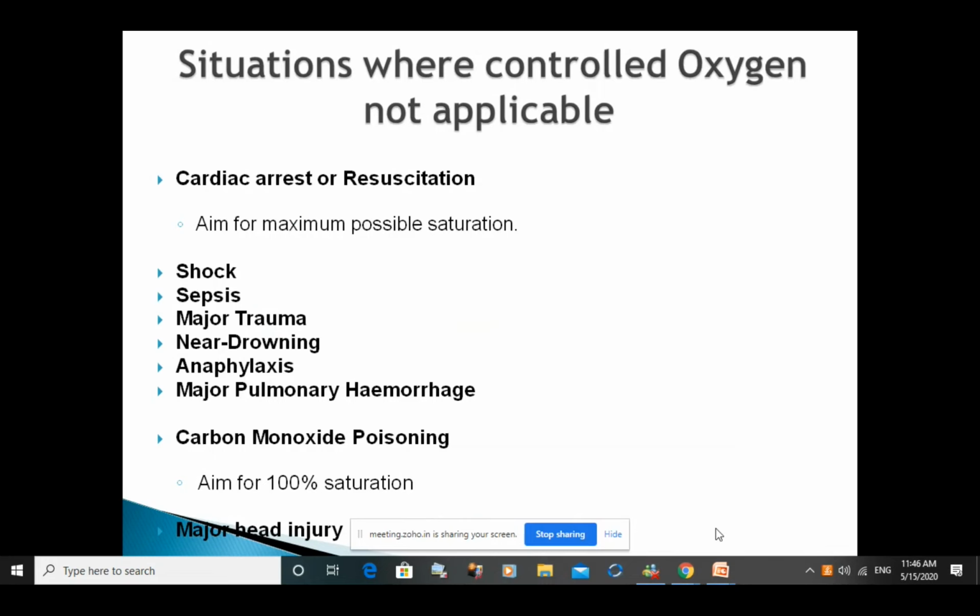If your patient is coming with a chest infection or pneumonia or something like that, then it's okay. But if they're coming with a life-threatening condition like shock, sepsis and trauma, in all those scenarios, you need to consider the oxygen device which can give a maximum oxygen concentration, which will be one of your non-rebreathing masks.